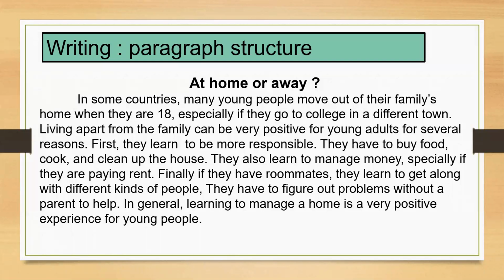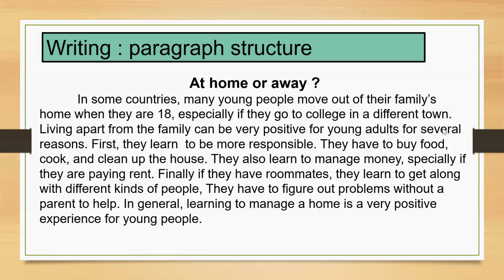They learn to be more responsible. Exactly. They learn to be more responsible. They have to buy food, cook, and clean up their house. Okay. And finally, who can give us the closure sentence in this example? They have to figure out problems without a parent to help them.